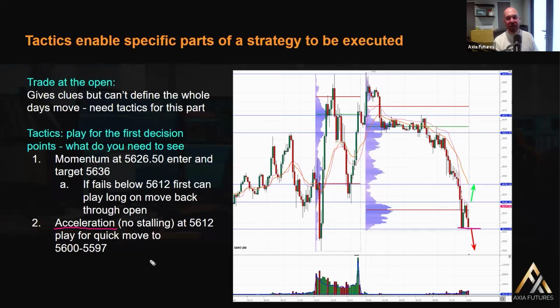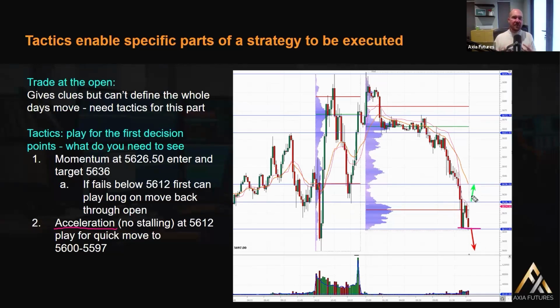If this is going to keep going, you want to see this straight through 12, using 12, 11, 10, and part of your expectation is you probably won't be able to sell 12. You're perhaps going to have to sell slightly lower, but this move here should be a quicker move than this move towards the upside.